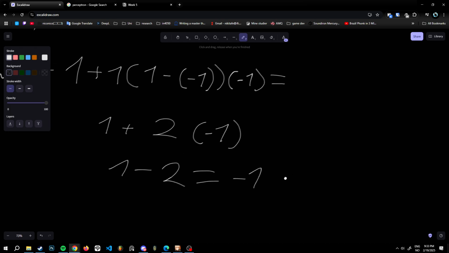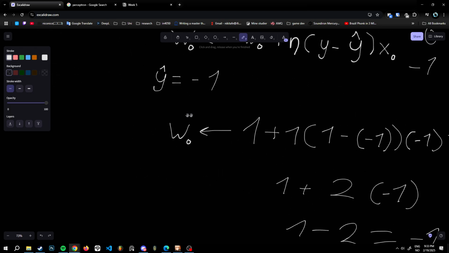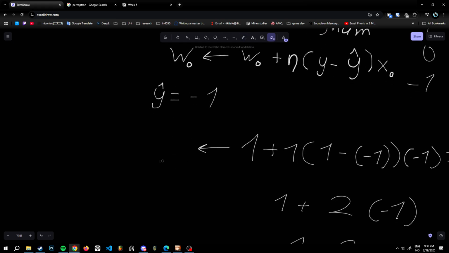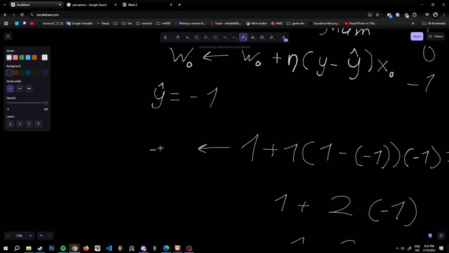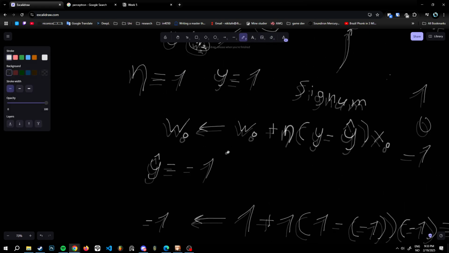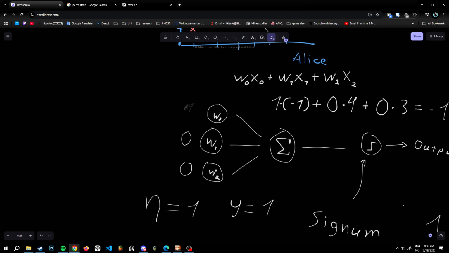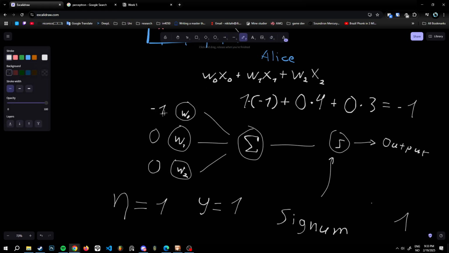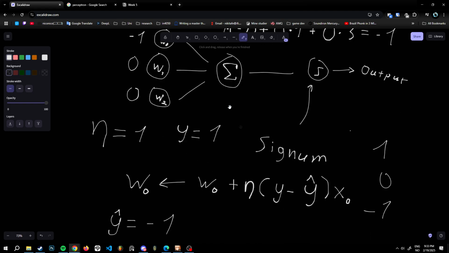And in the end, it's going to be -1. So our bias weight, so our weight number 0, is going to be -1. Boom, simply said. And now we modified our perceptron to actually have -1, right?